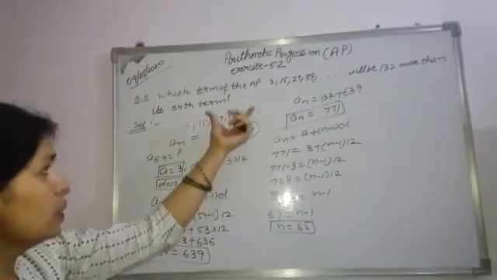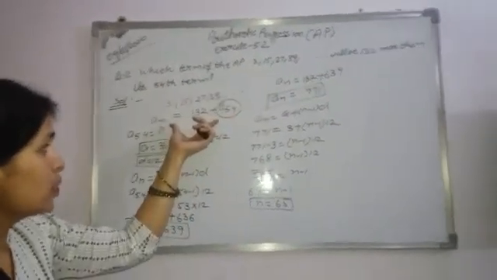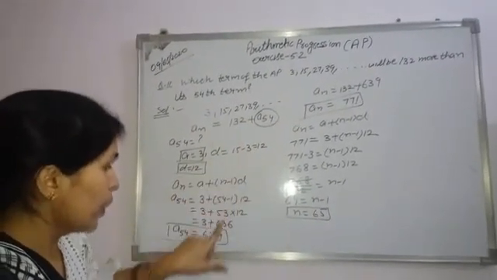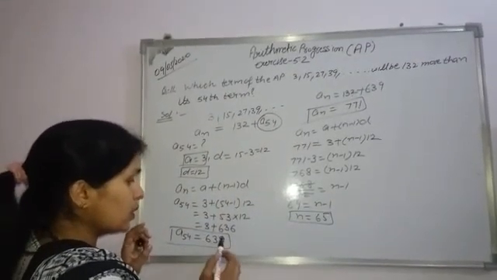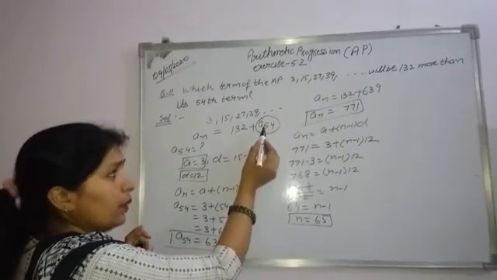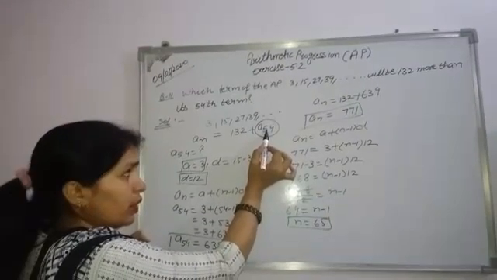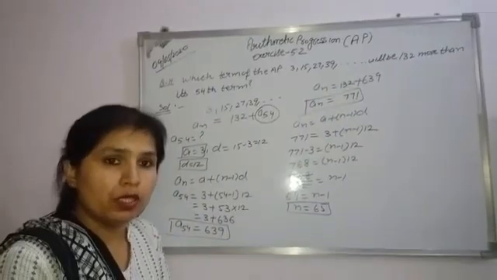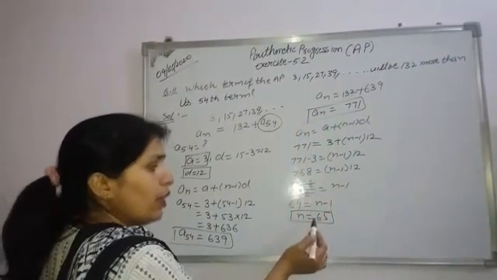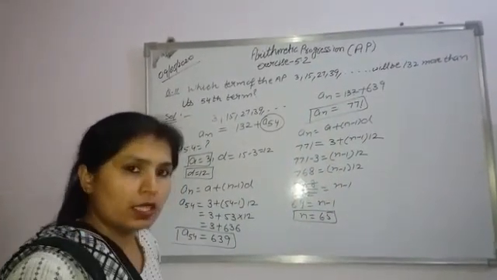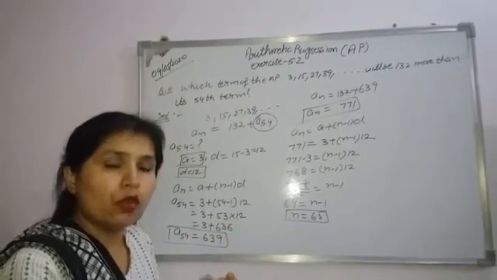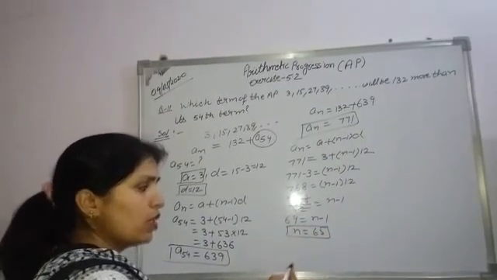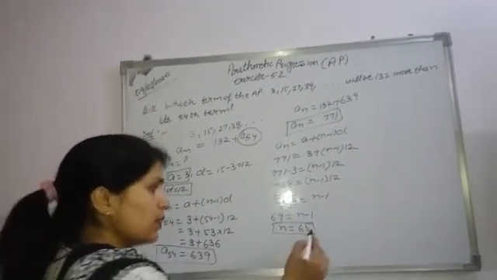According to the given relation, we first find the value of the 54th term, which is 639. By substituting this value here, we obtain the value of that term, but we want to find that particular term. It means we want to find the value of n. To find a particular term, we always have to find the value of n. So here n is equal to 65. So this is the term and this is the answer.